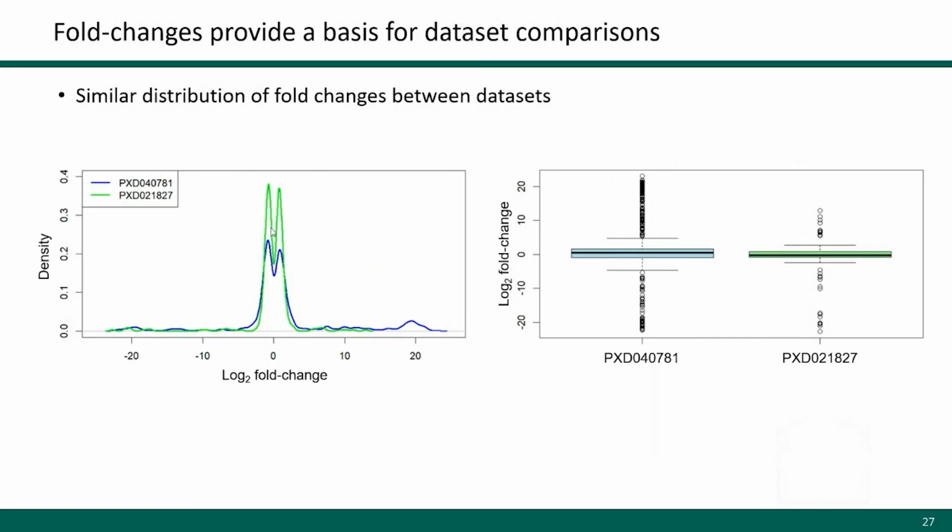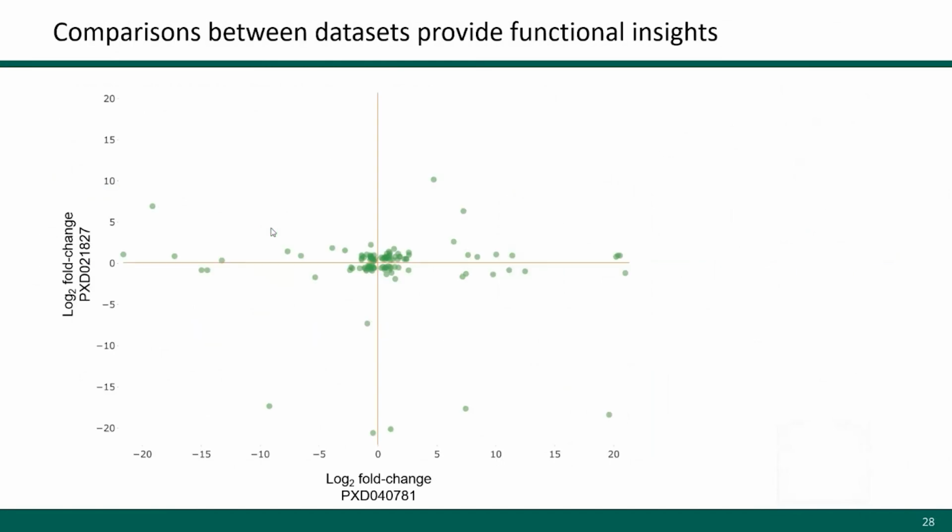Not directly, right? We can't do a direct fold change comparison between condition 1 in one data set and condition 2 in another data set, but at least within a data set, we can do that fold change analysis and then compare the fold changes across data sets. This is an example of two data sets that we are comparing, again for anaphylaxis leukemia, KC021872 and 40781. As you can see, they are not very correlated in that sense.